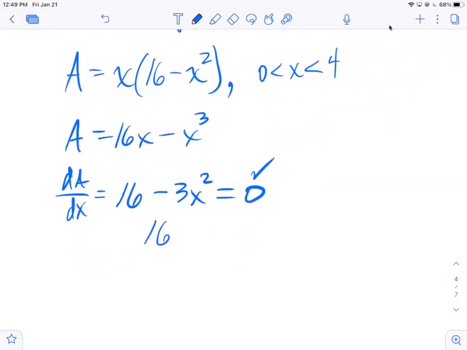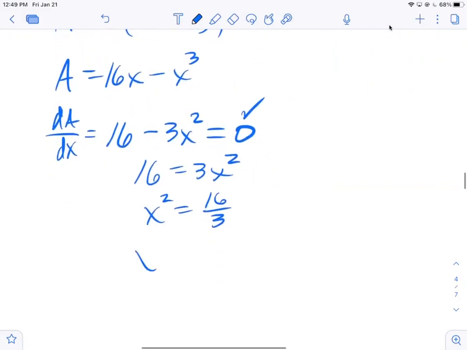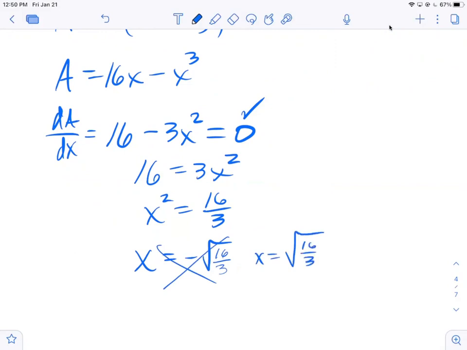Now we solve. 16 equals 3x squared. Looking good. Divide through by 3, we get 16/3. Is it going evenly? No. So now we take the square root, plus or minus. Do we want the negative one? No, we don't even really need to write it down, but you can: negative square root of 16/3, and you say, I don't think so. And then x equals square root of 16/3.